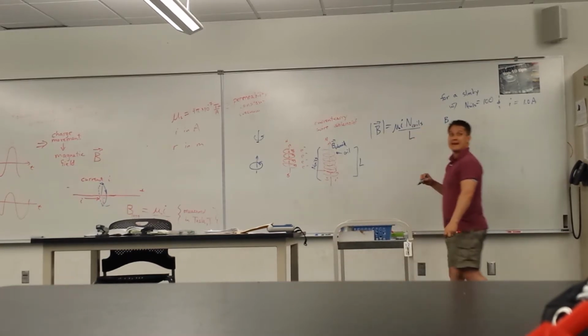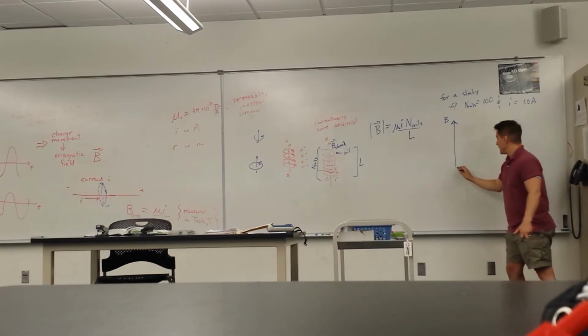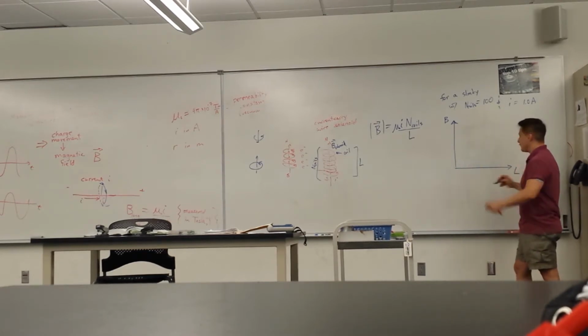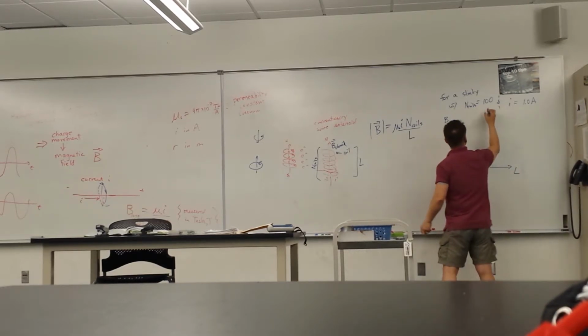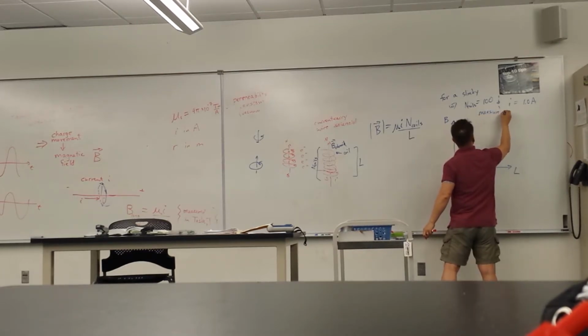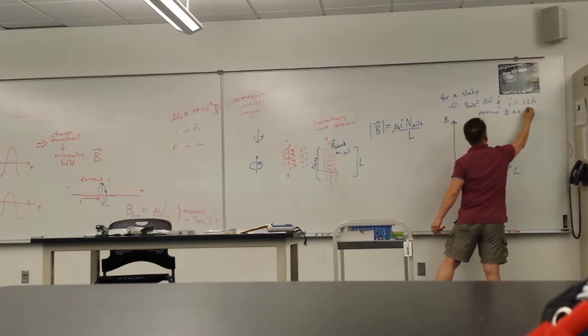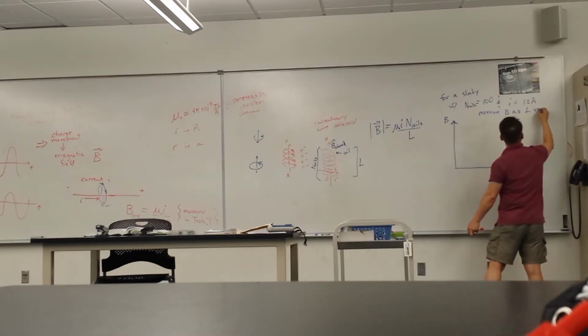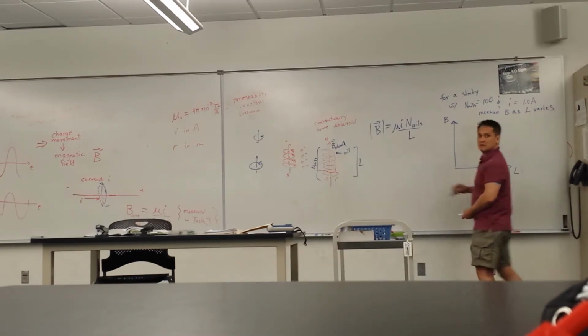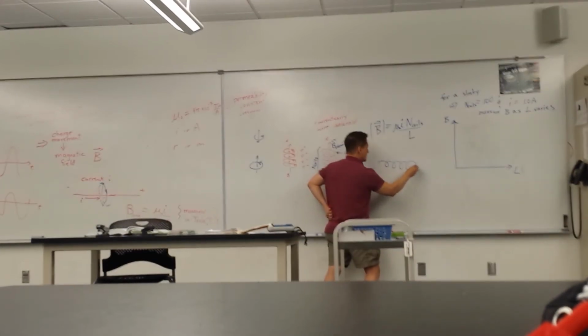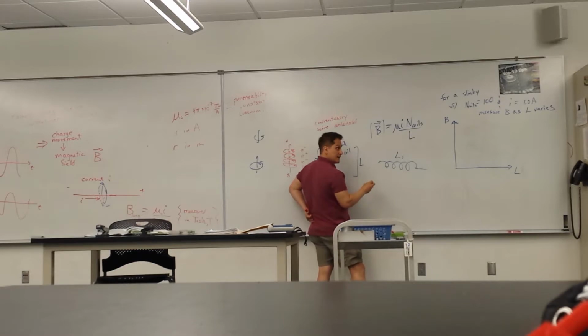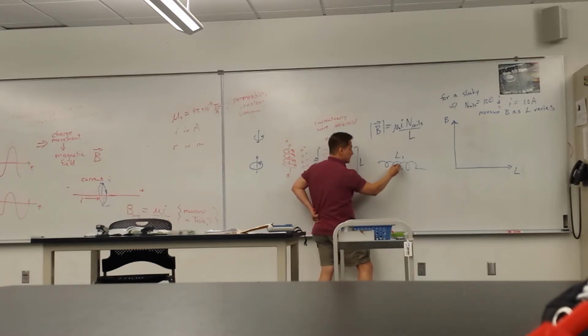If I plotted the magnetic field as a function of how much I stretch those coils out, if I measure B, so here's my slinky, and this might be the length of the coil, L1, and I measure the magnetic field here.